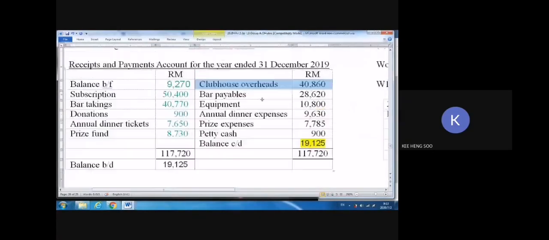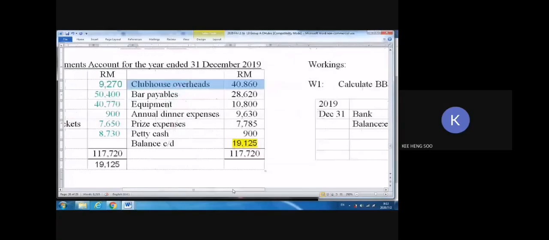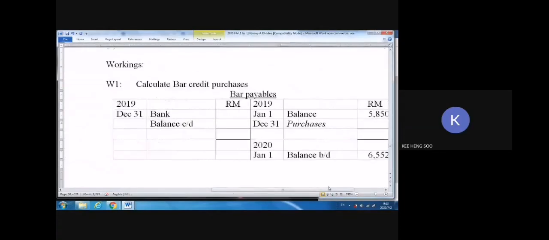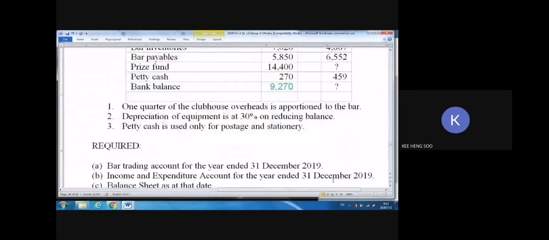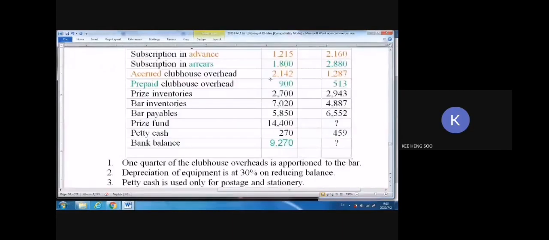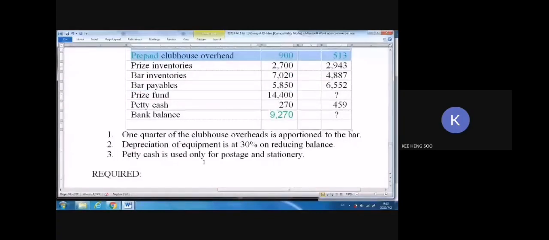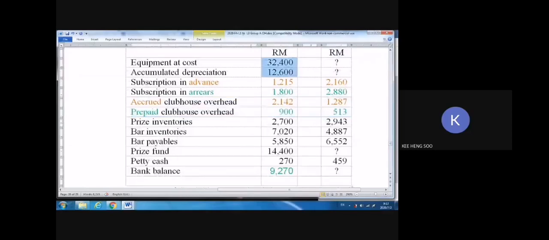Add accrued, minus prepayment. For your clubhouse overhead, you need to prepare your ledger to show the adjustment for this accrued and prepayment. Then for the final answer, you take one quarter to the bar. And then depreciation on the office equipment. Office equipment, you minus already, then you get 30% of reducing balance factor.